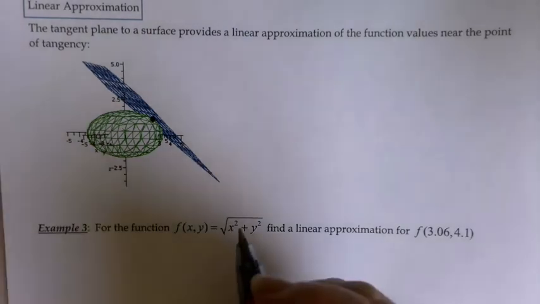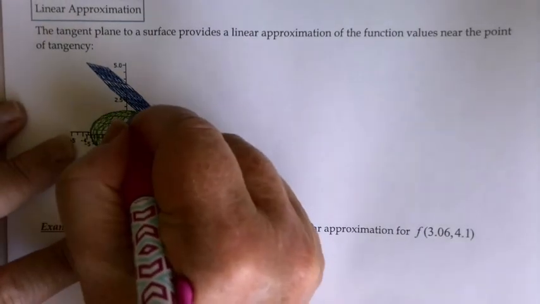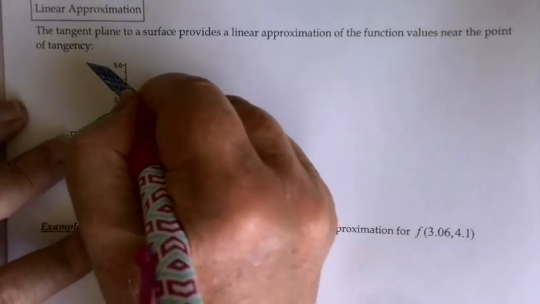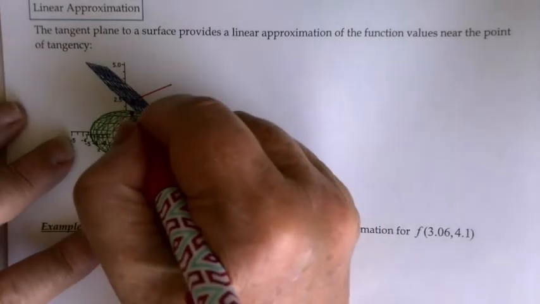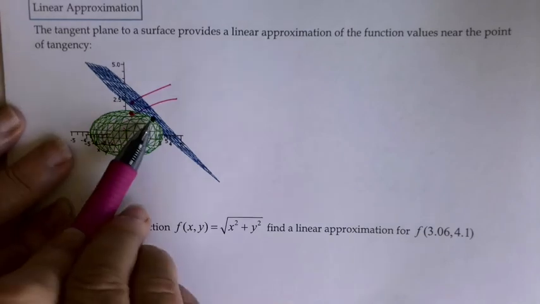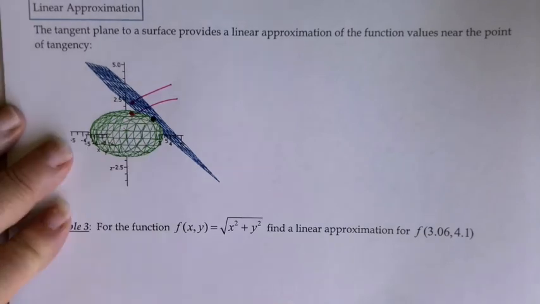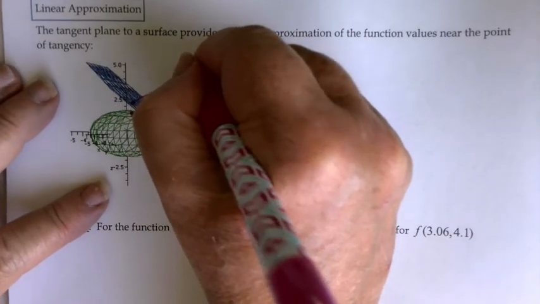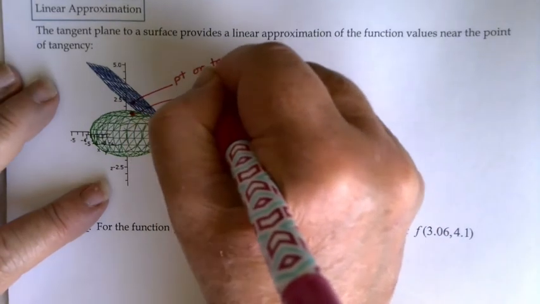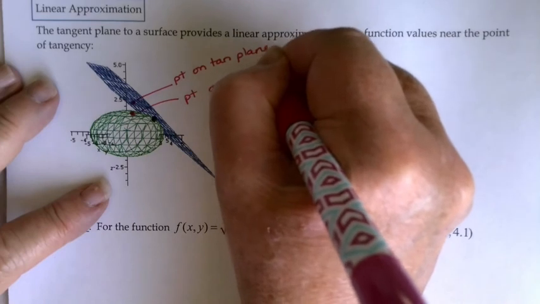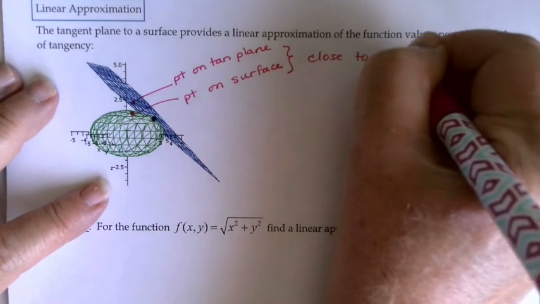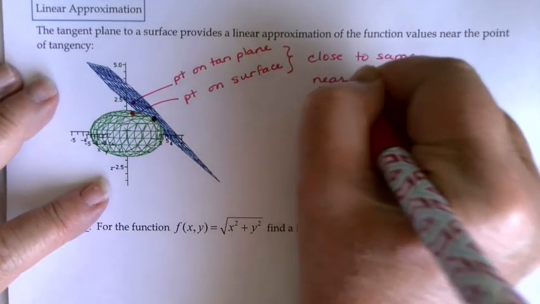If I want an approximation for another point on the ellipse, another z value maybe over here, what we're going to say is this point on the tangent plane is an approximation for the point on the ellipse. And of course, the closer I stay to the point of tangency, the better that approximation is. So these are close to the same near the point of tangency.